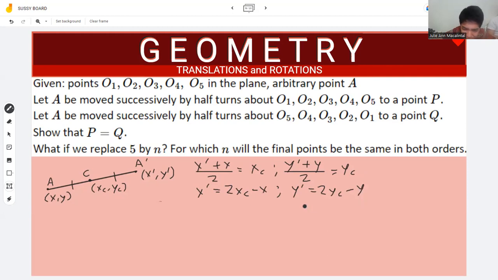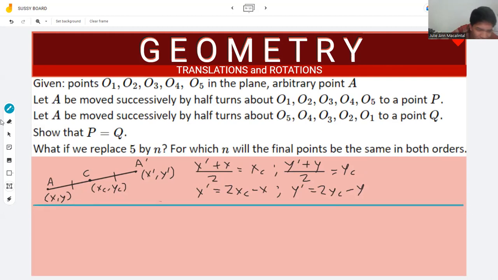So the problem states that we need to move A first successively by O1, O2, O3, O4, O5. Let's begin with solution 1. Solution 1 will be less confusing.